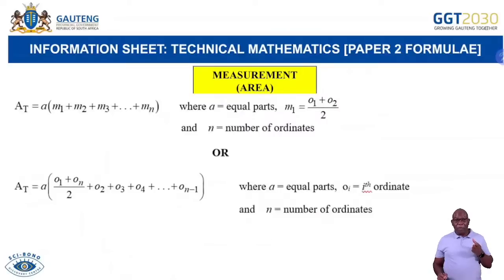So you can see I'm spending a lot of time discussing the formula sheet because we have plus minus 17 formulae that you're supposed to use in this question paper on Monday. If you know 17 formulae and they bring about 15 formulae, already you've got 15 marks just for writing down the formula and substituting.